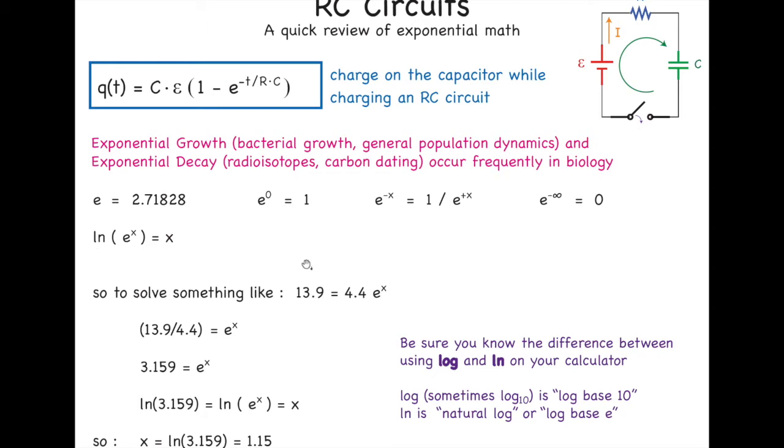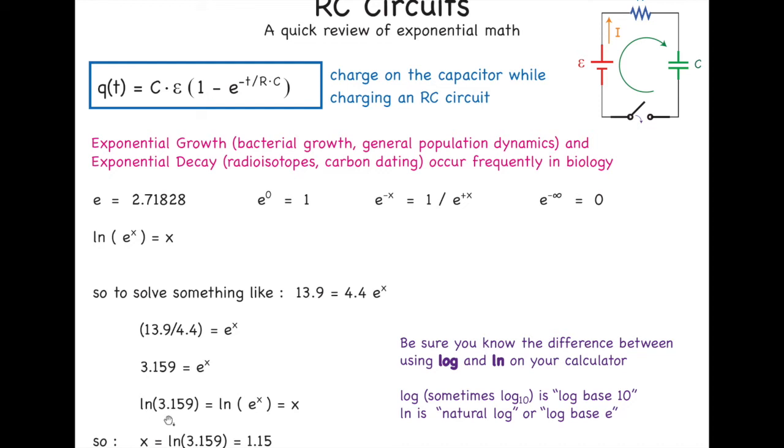So if we're going to solve an equation like, let's say, 13.9 equals 4.4 times e to the x, and we want to know what x is, then you isolate the e to the x term. 13.9 divided by 4.4 is equal to e to the x, which gives us 3.159 equals e to the x. To get x by itself, we take the natural logarithm of both sides.